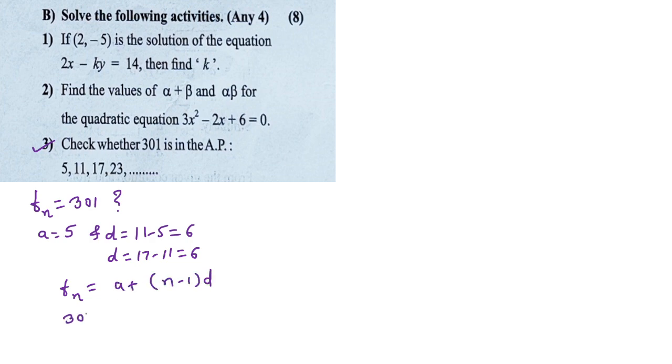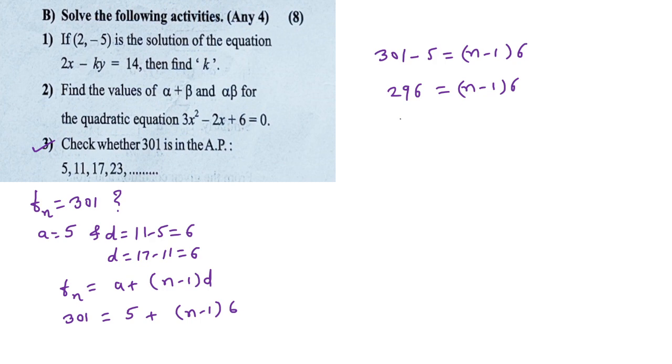Tn is equal to 301, a is equal to 5, we don't know n, we know the value of d. Then 301 minus 5 is equal to n minus 1 into 6. Its subtraction will be equal to 296 is equal to n minus 1 into 6.